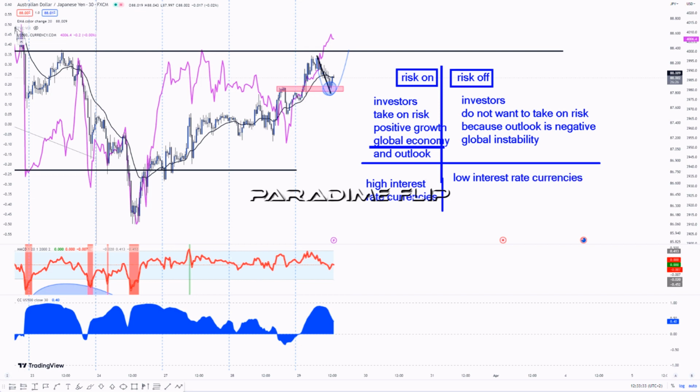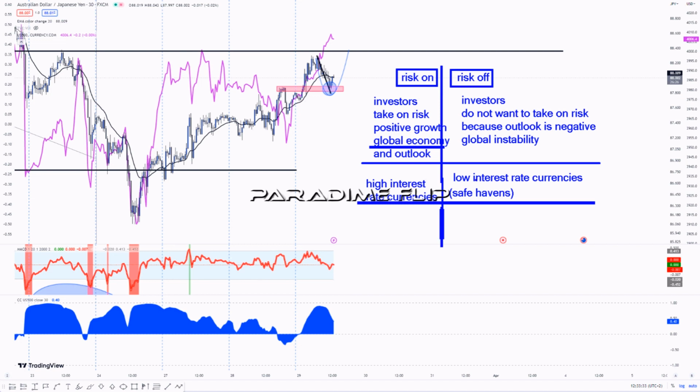Now, low interest rate currencies are known as safe havens. So they are a place of safety during a risk-off environment.